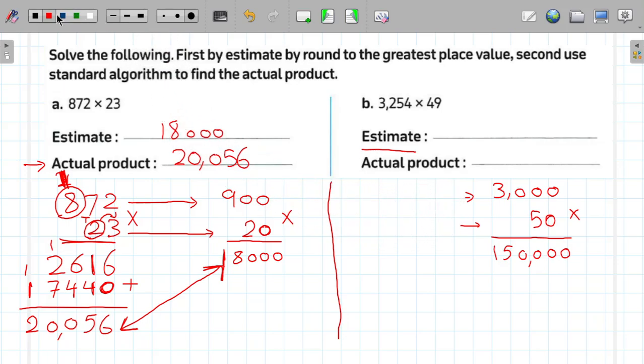Okay, so the first number is 3,254, and the second number is 49. Okay, so let's multiply by 9 first.